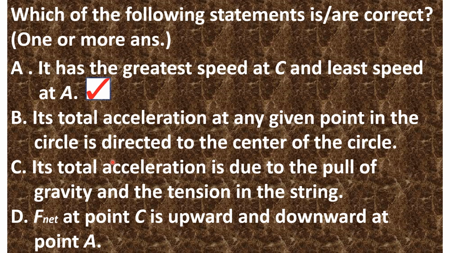For option letter B, its total acceleration at any given point in the circle is directed to the center of the circle. So, this is referring to the total acceleration, meaning the combined acceleration that is centripetal as well as tangential.